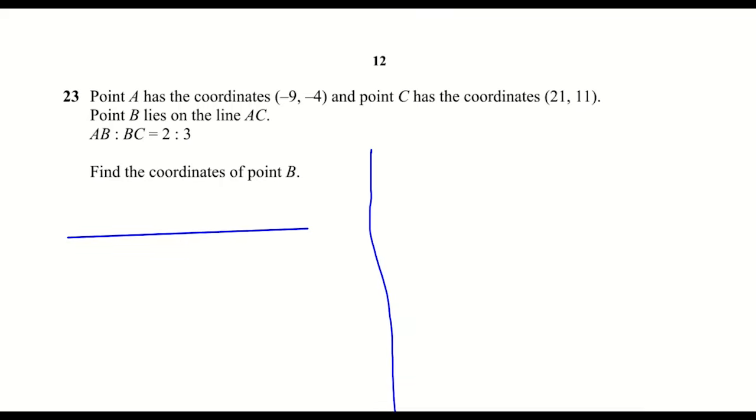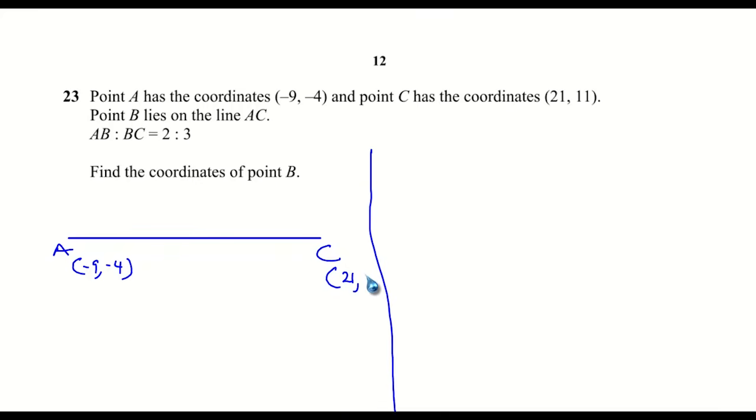So you have the straight line here, which is A, C, and the coordinates of A are negative 9, negative 4, and the coordinates of C are 21 and 11. B is on AC in this given ratio, so that means B should be somewhere around here, and the coordinates will be x, y, which we don't know.